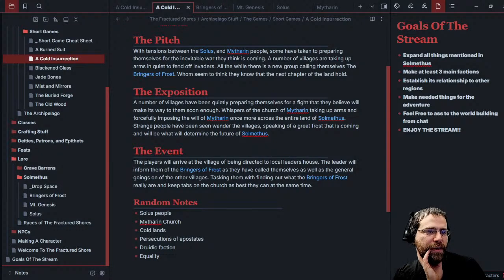Names, mecha names. Could try this. These are Latin people names, so I don't really want to do those.